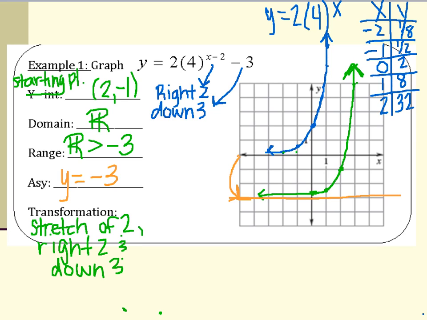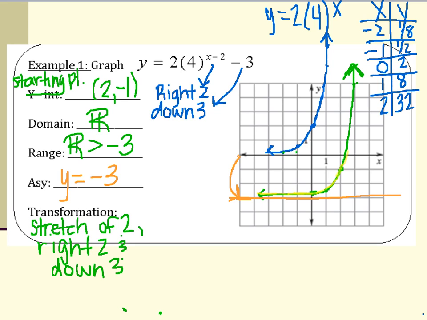So on here, I'm going to make it clear that this is my graph. This green one is my graph. If you got a highlighter or something, you should highlight it. I kind of have a hard time highlighting it on here. I don't quite think I can do that. Let me see if I can try it. So this green one, I can kind of highlight it. This is my answer.